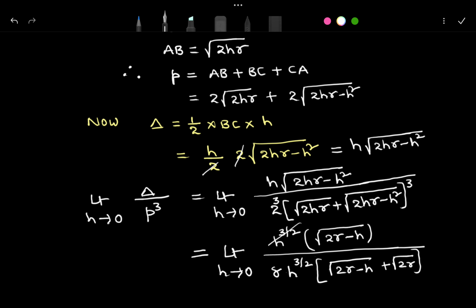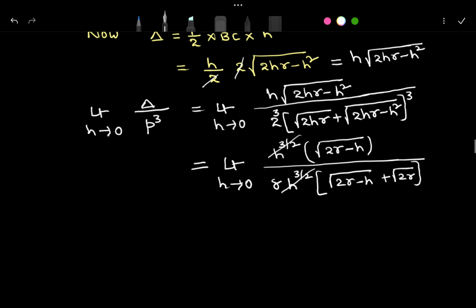Here h to the power of 3 by 2 will be cancelled. Now you substitute h equals 0 in this value.